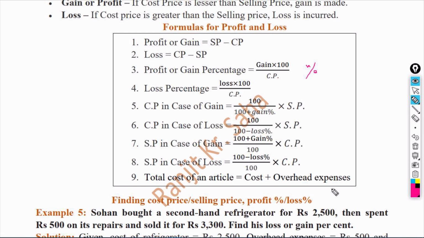Then the 500 is the overhead expenses. Then 3000 plus 500, that means 3500 is the price, or you can say total cost of that watch. You have to use these things to solve the problems like finding the cost price, selling price, profit percent, and loss percent.